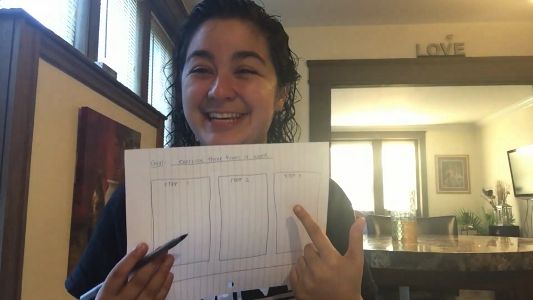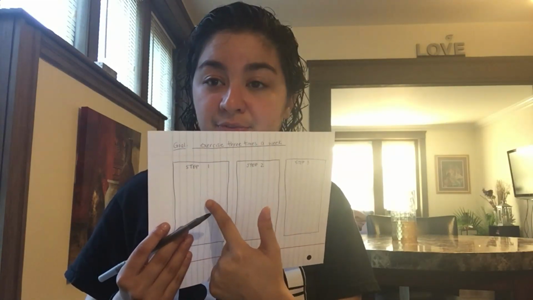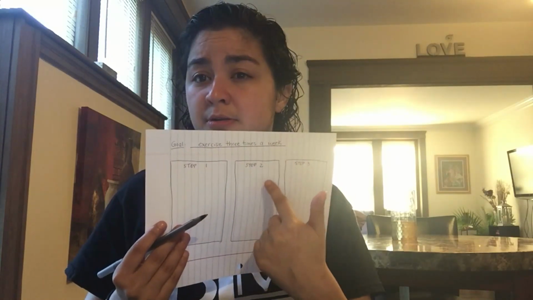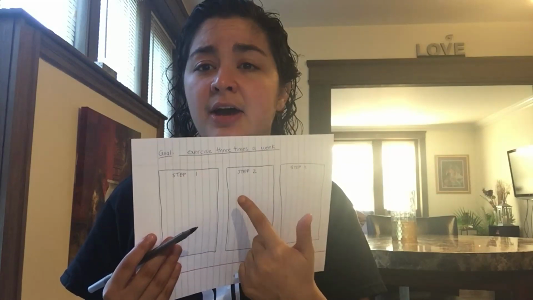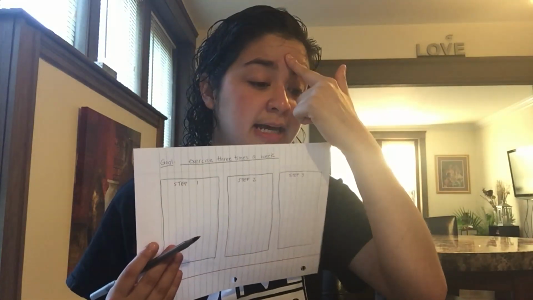Go ahead, say it, sequence. Yeah, so when you write your steps, you're thinking of what comes first. After you do this first thing, what are you going to do next? And after that, what are you going to do last? All right, so thinking about time as well. So my first step, when you have it, take out your fingers. You're going to build it on your fingers.